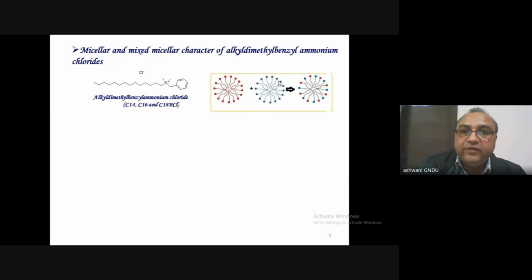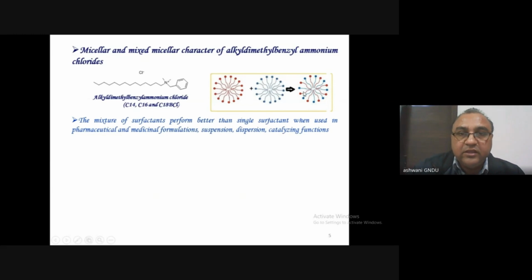When different types of cationic surfactants, one shown like this, the other in this color, are mixed together, they form a mixture of micelles. These mixtures of micelles perform better in certain applications, for example pharmaceutical applications where one of the surfactants is very costly or very harmful. That's why we use a mixture of surfactants in different applications.